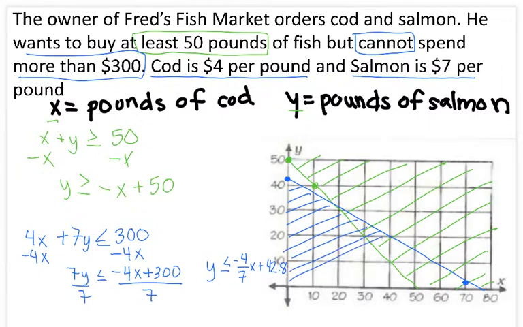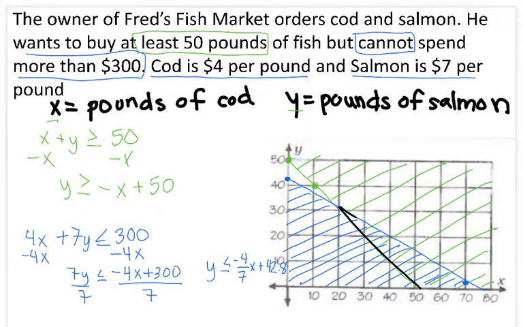Our solution for this problem will be where the shading crosses each other. So if you look, we have this section right here where both the green and the blue shading crossed.